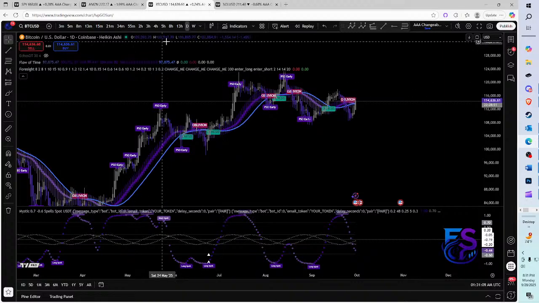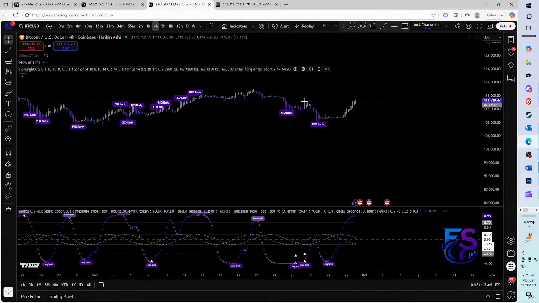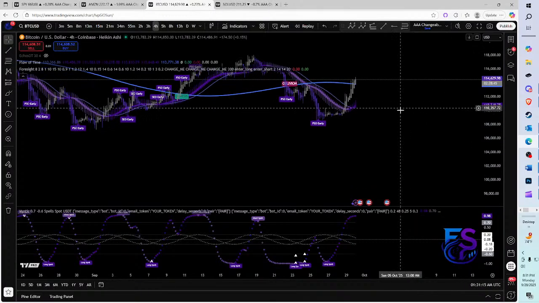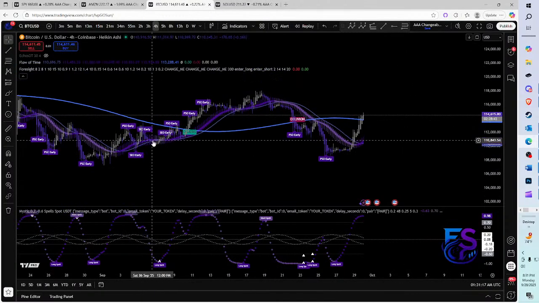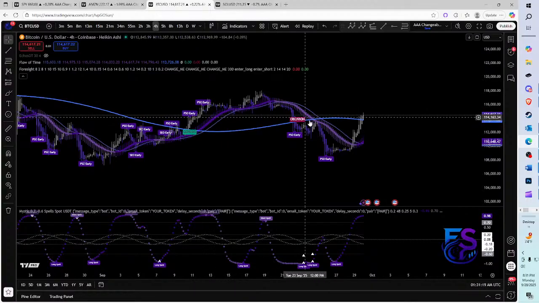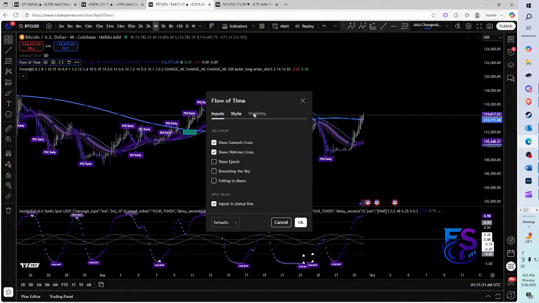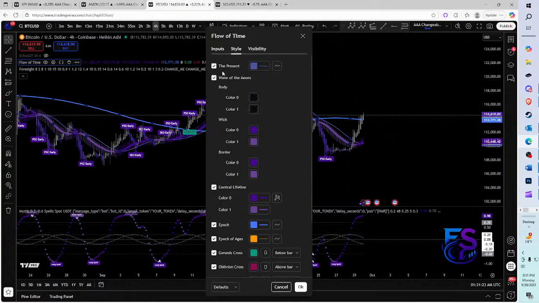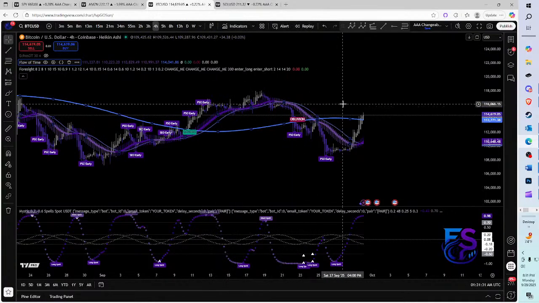Maybe this is a good opportunity to see how we can also drop down to the 4 hour. And what you're going to notice here when this loads is an extra line here, and this is what we call the present, and then the thick blue line, which is on our daily chart, is the epoch. So the epoch is the line that has the most gravity.